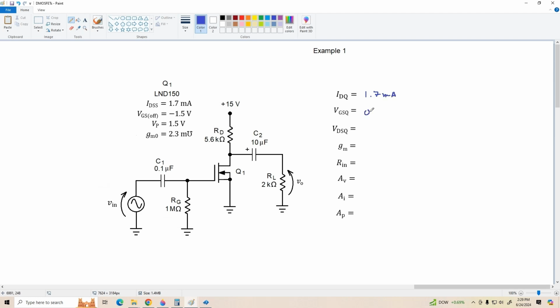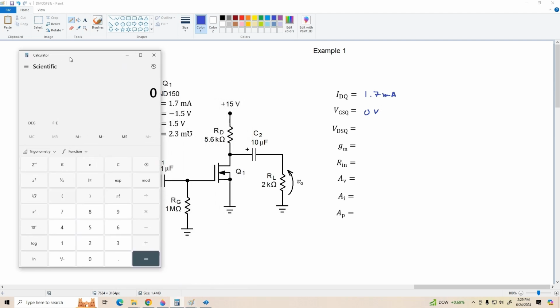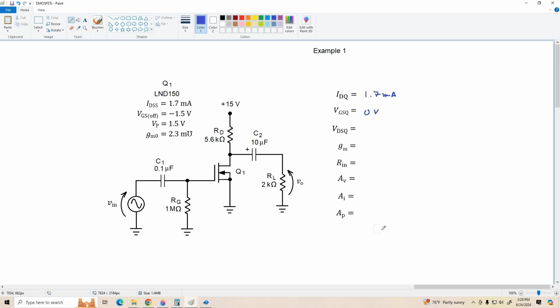VGSQ is 0 volts. VDSQ is going to be 1.7 milliamps times 5600 ohms subtracted from 15 volts, which is about 5.5 volts.